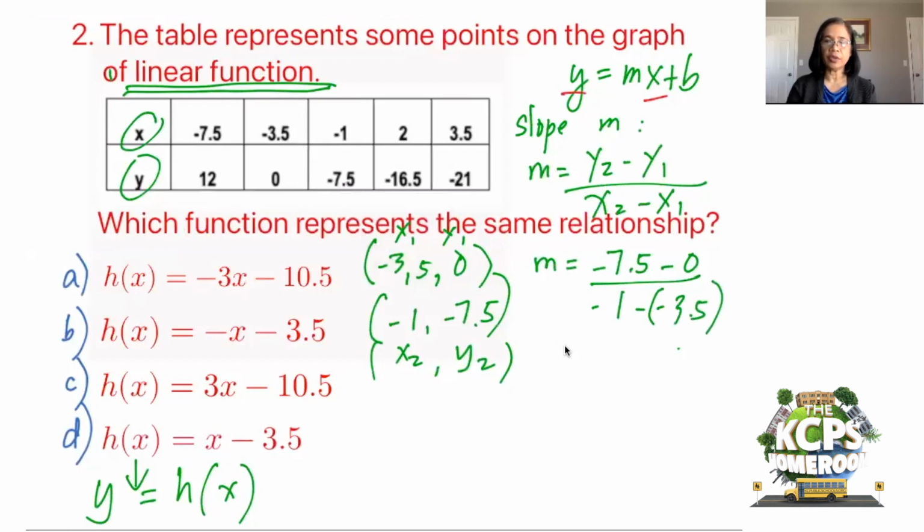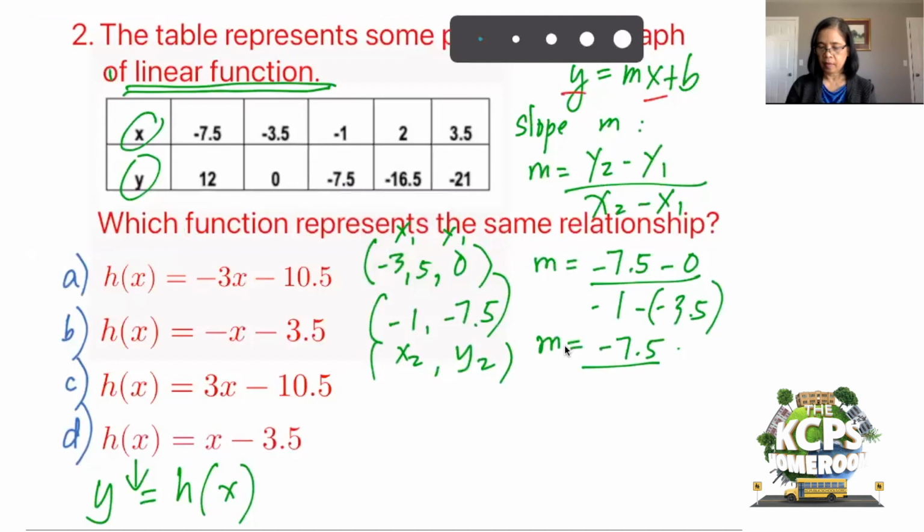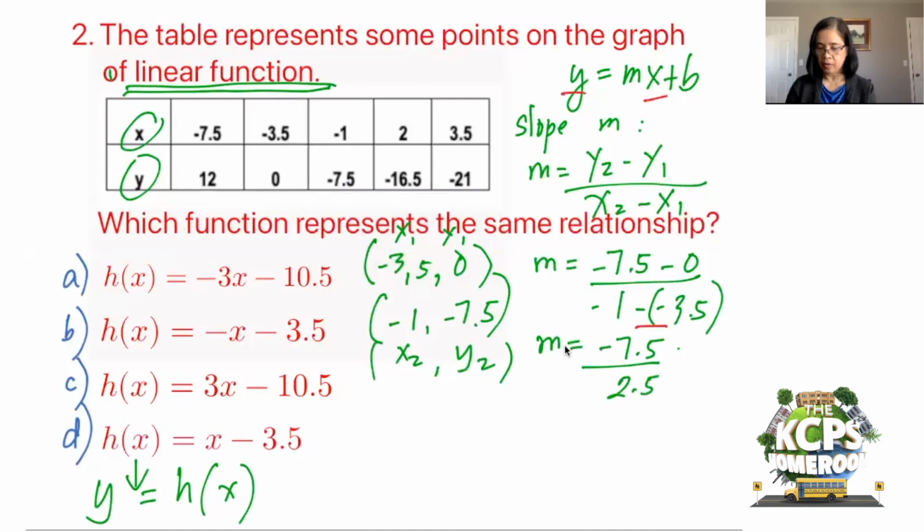We're just substituting the values. So m, if we simplify, gives us negative 7.5 over, this becomes plus, so negative 1 plus 3.5 gives us 2.5. So the value for m here, get your calculators, is negative 3. So now we have the value of m.